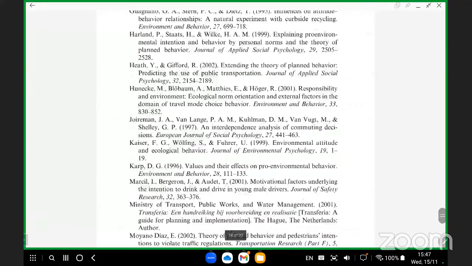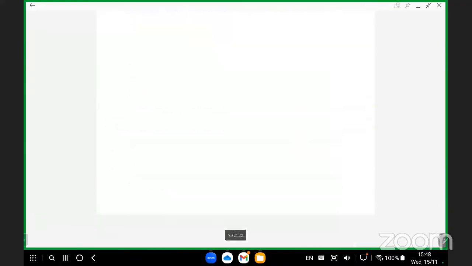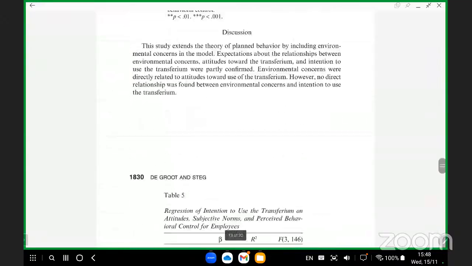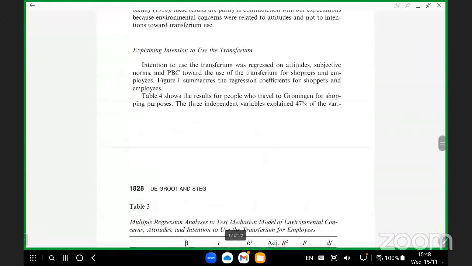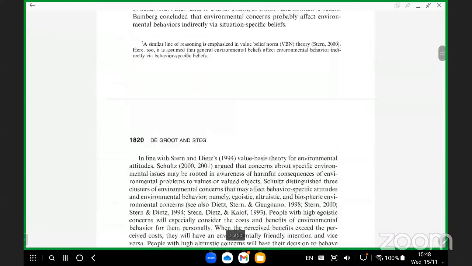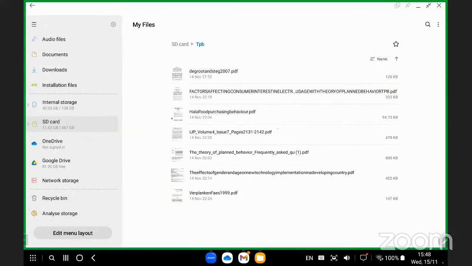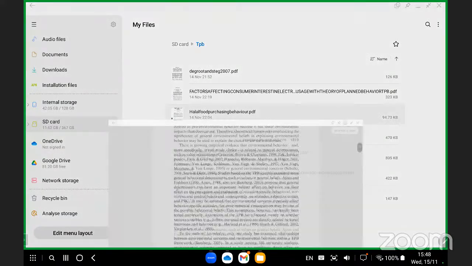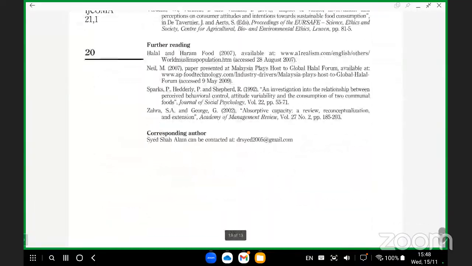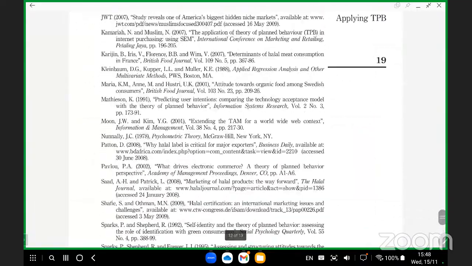Same theory that they adopt. Tapi ada yang terus menyertakan soalan-soalannya yang perlu diletakkan di dalam questionnaire to be distributed. Ada yang tidak. Saya rasa ini memang ada, cuma tak pasti, atau terlepas pandang. Sekejap ya.